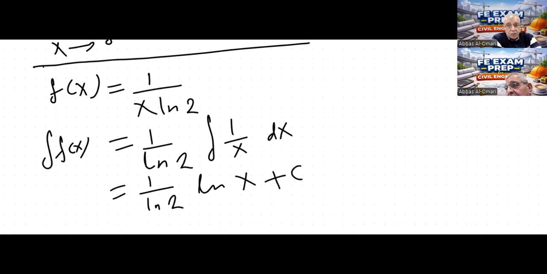Since we are integrating, we have to add a constant, and if we have a condition, we can determine this constant. So the integration of this function is 1 over ln 2 times ln x.